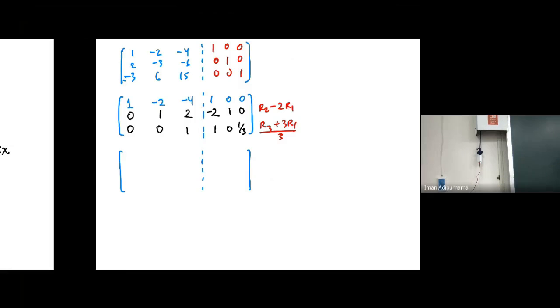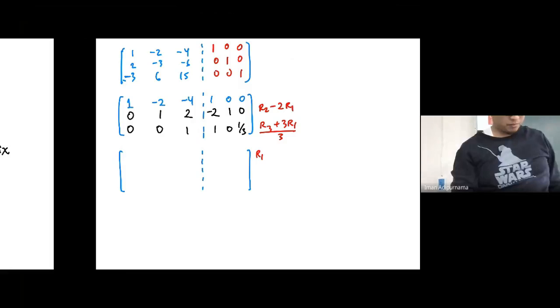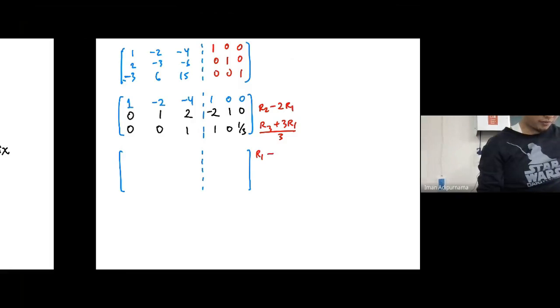Now what we need to do is make this 3 become 0. So the idea is maybe from this negative 2 and 1 and multiply by 2. Negative 1 plus 2 is 0, right? So R1 plus 2R2.